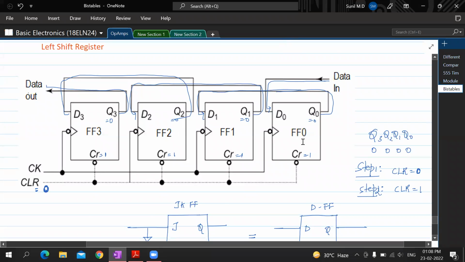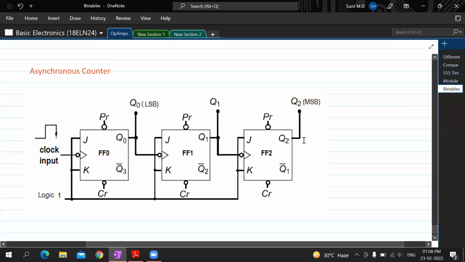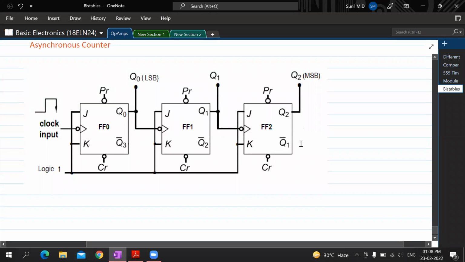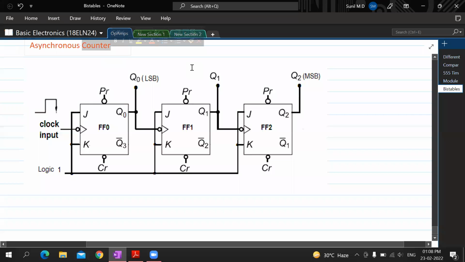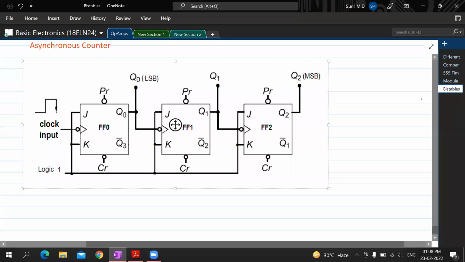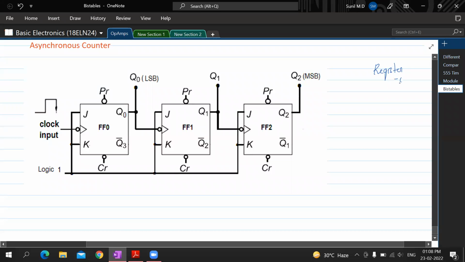Okay, now we shall go with a very important topic called asynchronous counter. Till now what we have seen is shift register. Register means it stores, REG, register. Shift register, along with storing, also shifts.